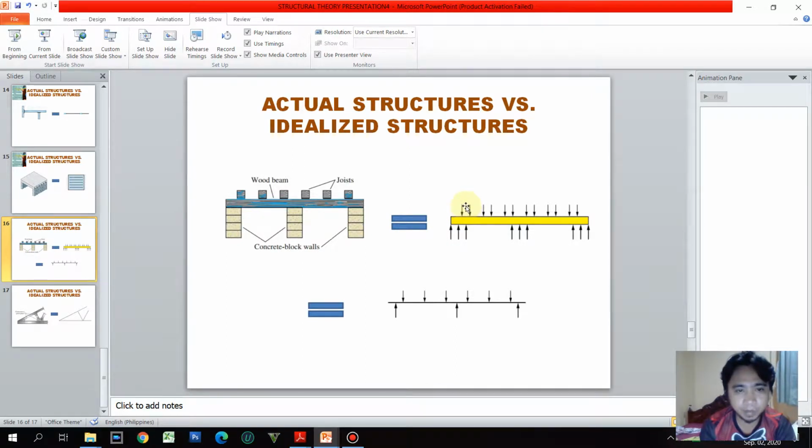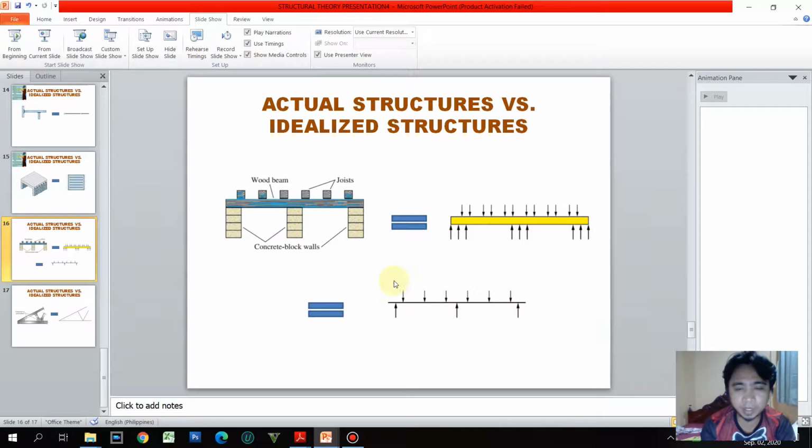So first, it will be converted into a certain pressure. Okay? Why pressure? Because this joist has a surface area, right? It is not concentratedly placed there. So in actual, it is not really a concentration of loading, but in actual, that could be converted into pressure, and then this pressure will be converted into a concentrated load.